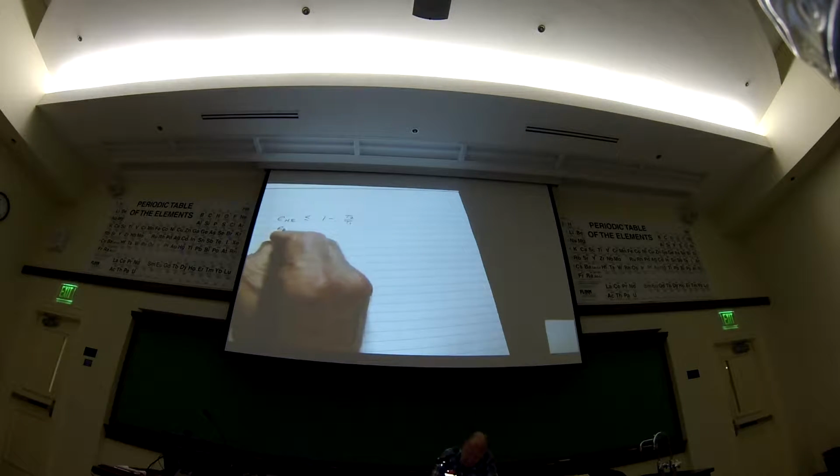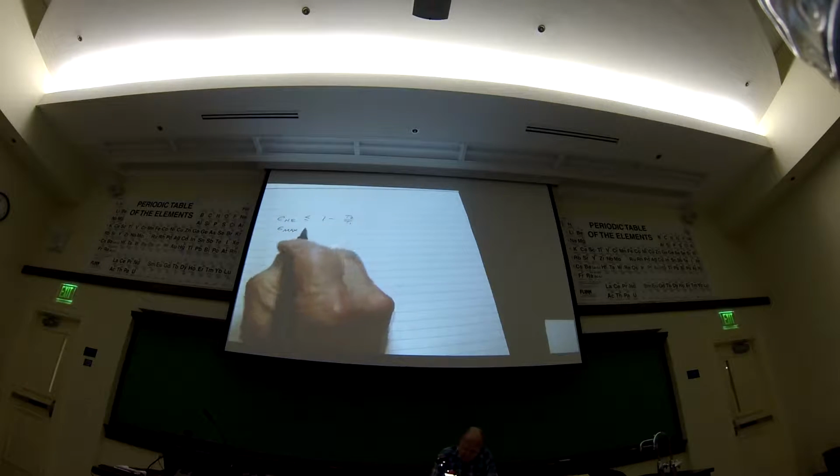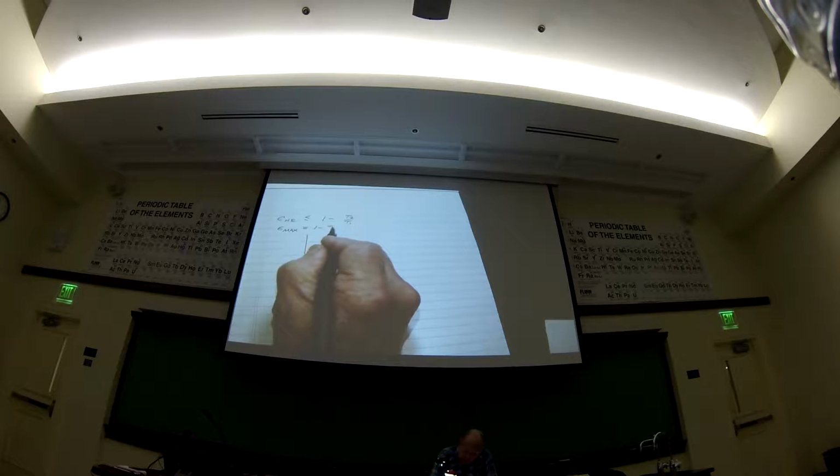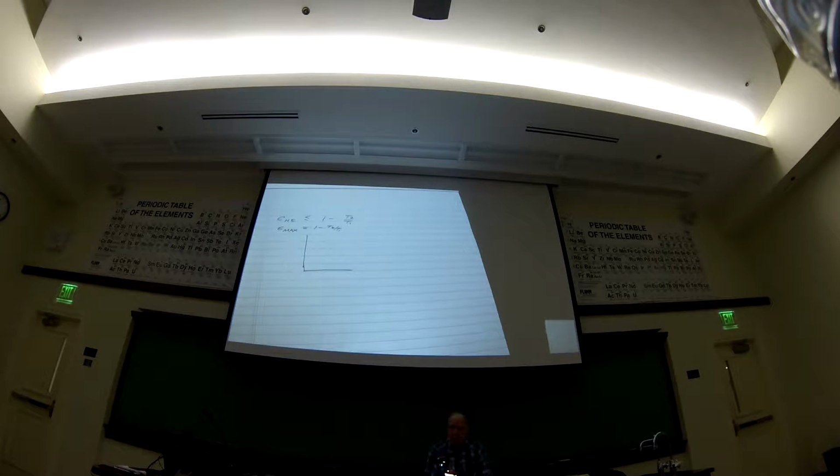Also, the maximum efficiency is equal to 1 minus T2 over T1, right? And when would that happen? That would happen when the process is reversible.